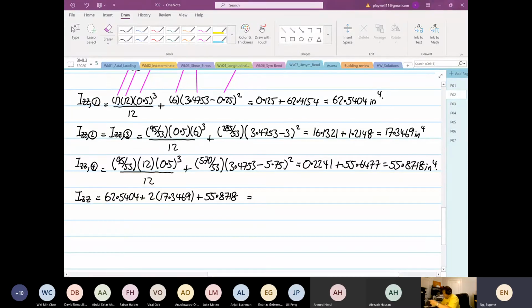When I mark your quizzes and your term tests, I realize that you all make a lot of mistakes calculating your second moment of area. To calculate it accurately, it has nothing to do with how smart you are.